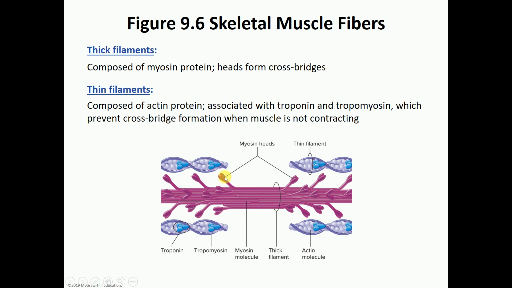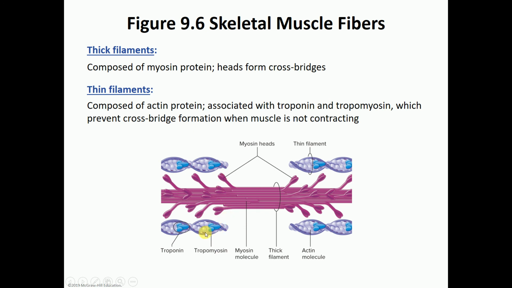So the myosin head is detached from actin, and that is because those attachment sites are covered by this rope-shaped protein known as tropomyosin. Tropomyosin covers the binding sites on actin, and this is what the myosin head latches onto in order to contract.